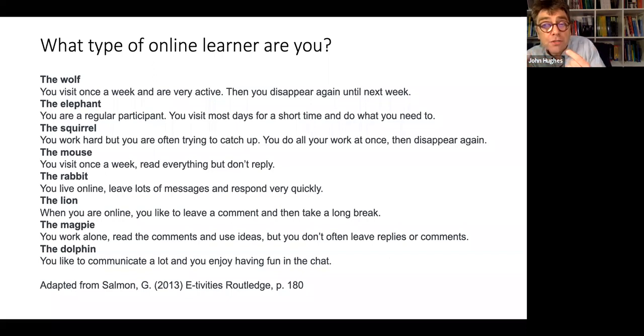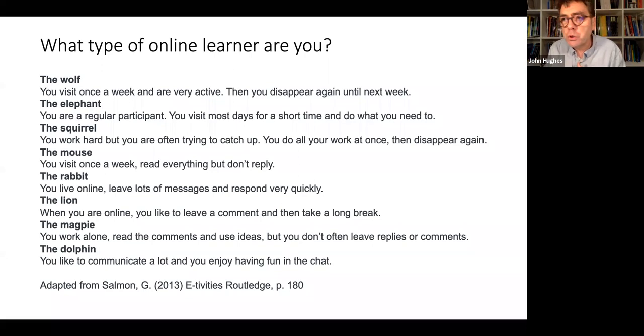And it's also interesting because you can give students this type of activity halfway through an online course and they'll say, oh, well, I'm a wolf. And then they think about what that means in terms of learning. And then they go back to this activity 5 weeks later and they say, well, actually, I've become more of a dolphin because I've got more confident with the online learning platform. And they can see the development through the reflection in how they like to learn online.